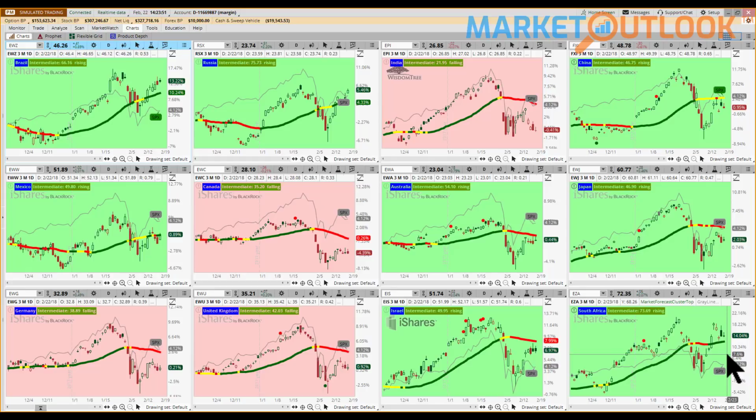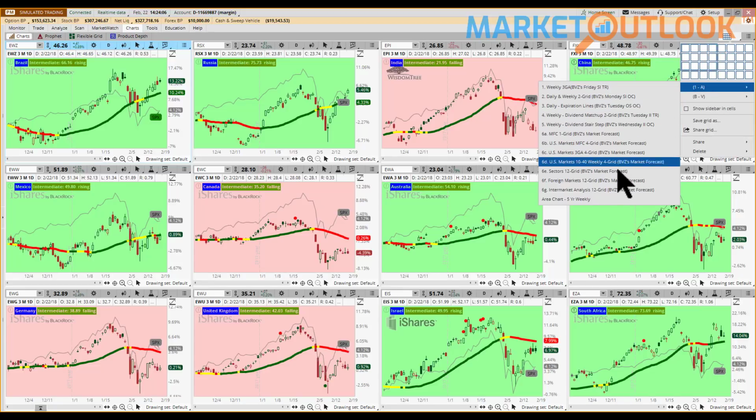So as you can see here, we have Brazil, we have Russia, and we have China from our BRIC countries up at top from an emerging market perspective doing reasonably well with bullish postures.